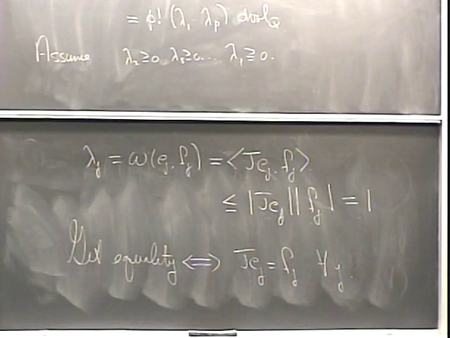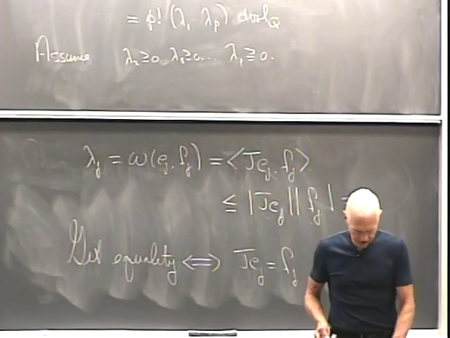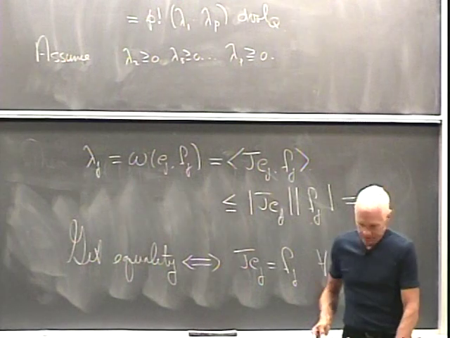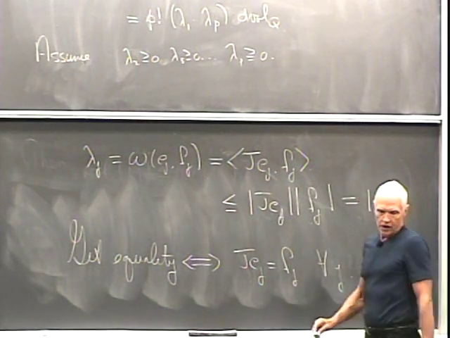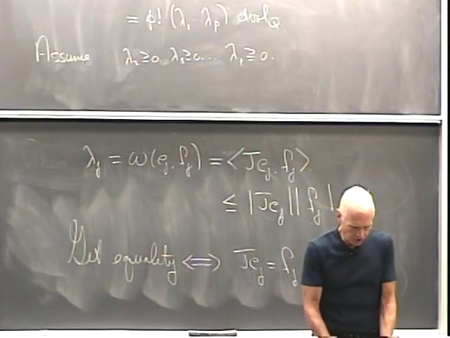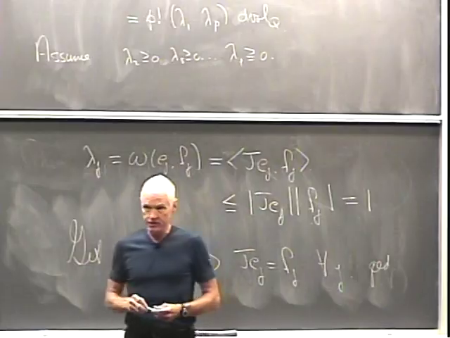It's very simple, but it has this amazing consequence: any complex submanifold of a Kähler manifold is actually homologically volume minimizing.